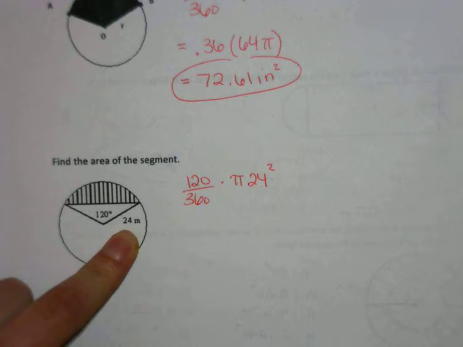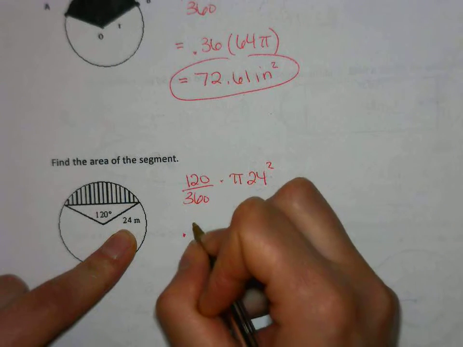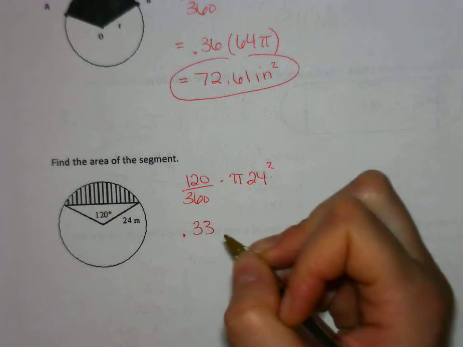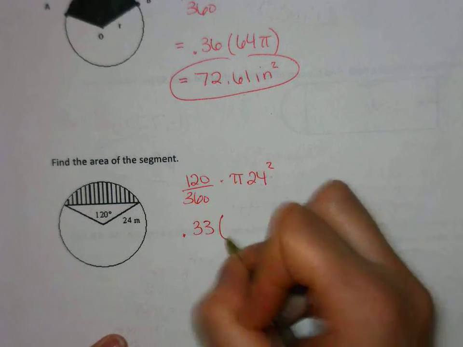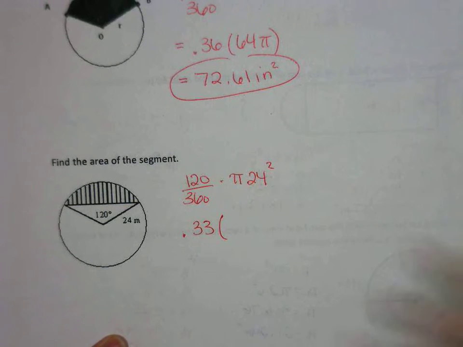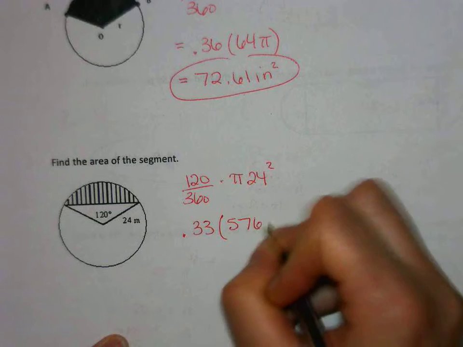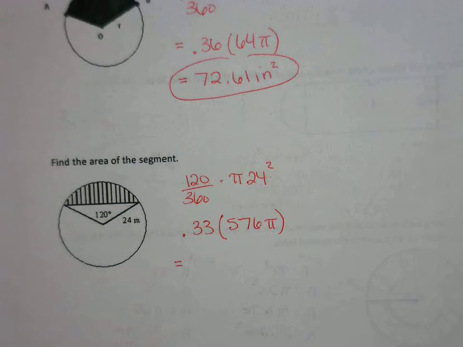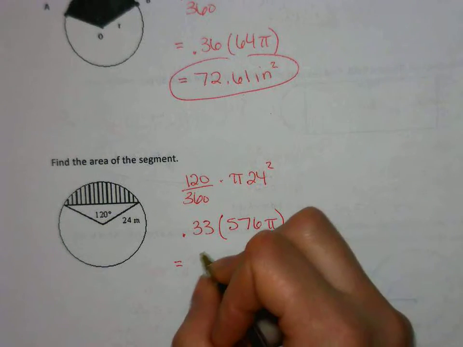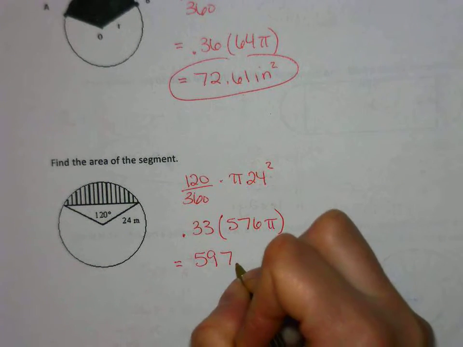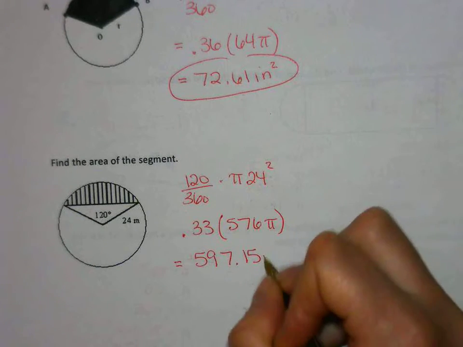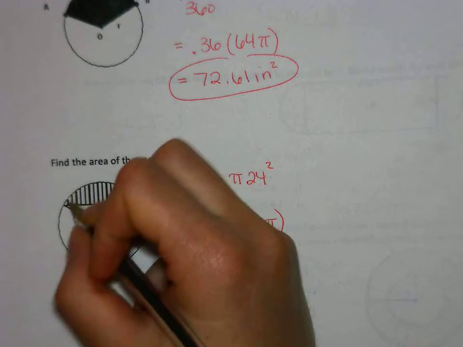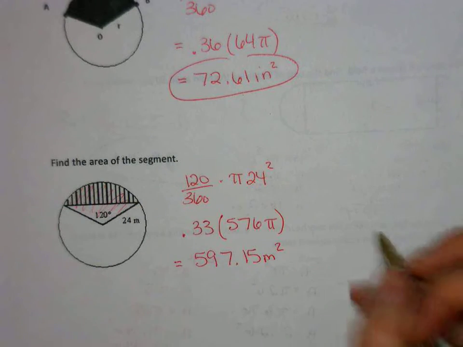So 120 divided by 360, we'll round it to 33 hundredths, times 24 squared, which is 576 pi. So when we multiply all that out, 33 hundredths times 576 pi, we're going to round it to 597 and 15 hundredths meters squared. So that's the area of this whole sector.